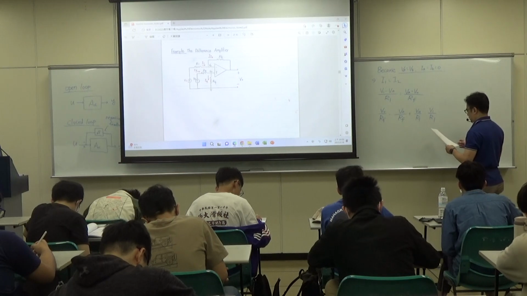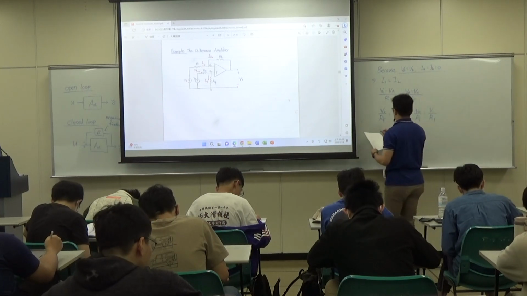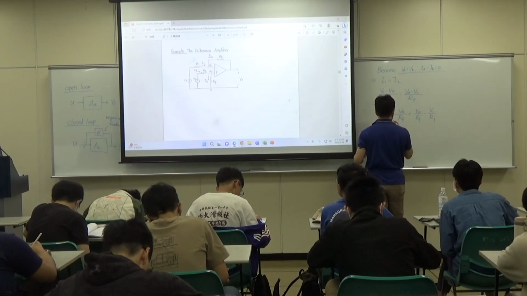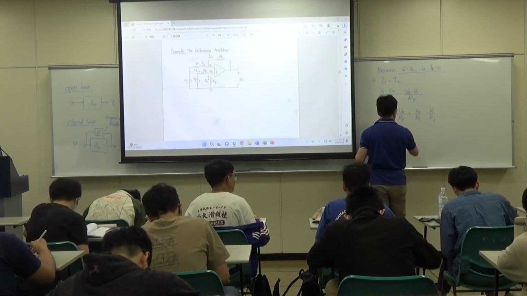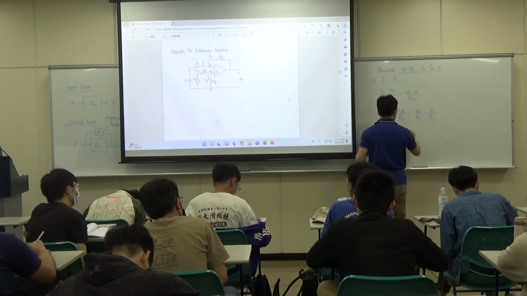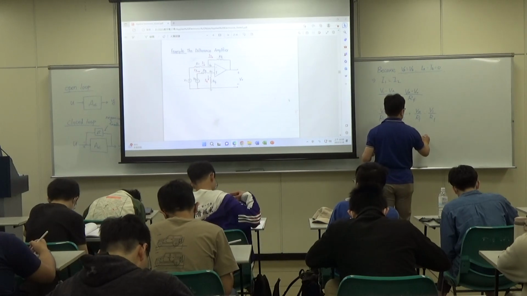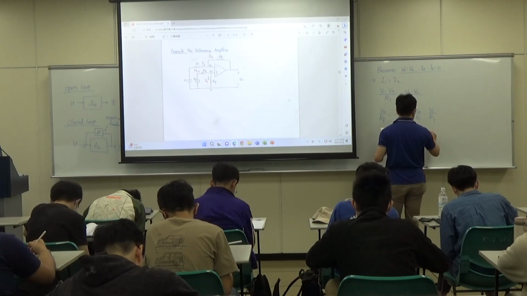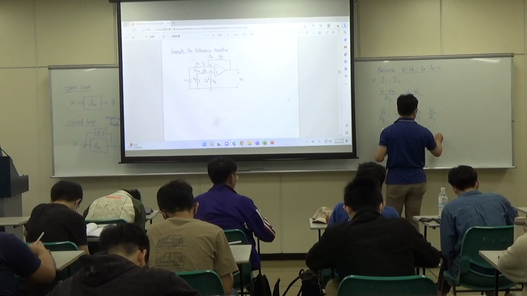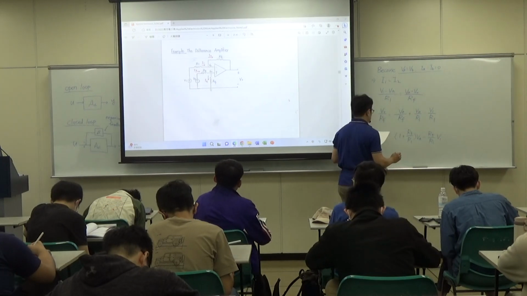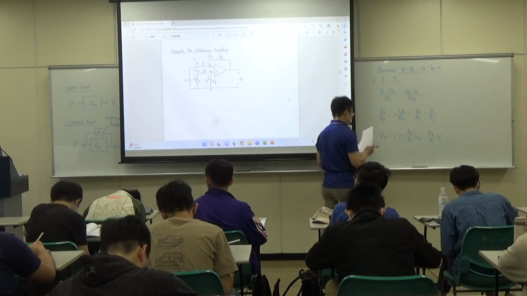So we have VO equals (1 plus RF over R1) VA minus RF over R1 times V1. So this is the first equation.